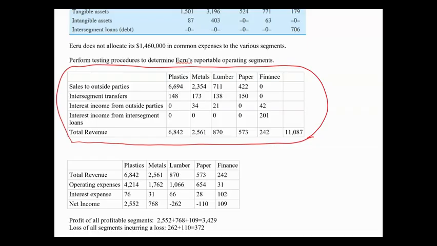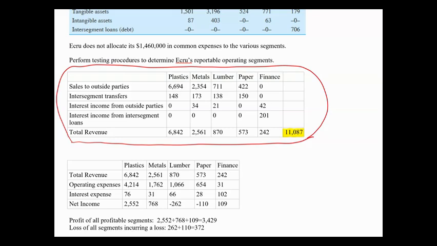Okay, so now I've got the total revenues for each segment, and next I get the total revenue of all the operating segments, and the total is 11,087. Next we need to calculate the threshold.